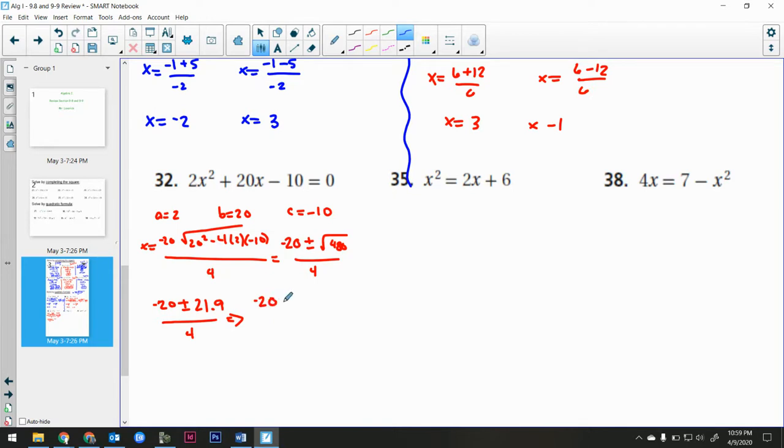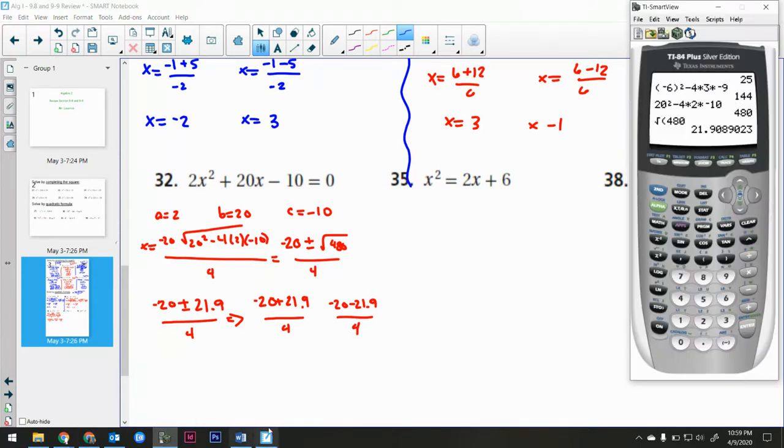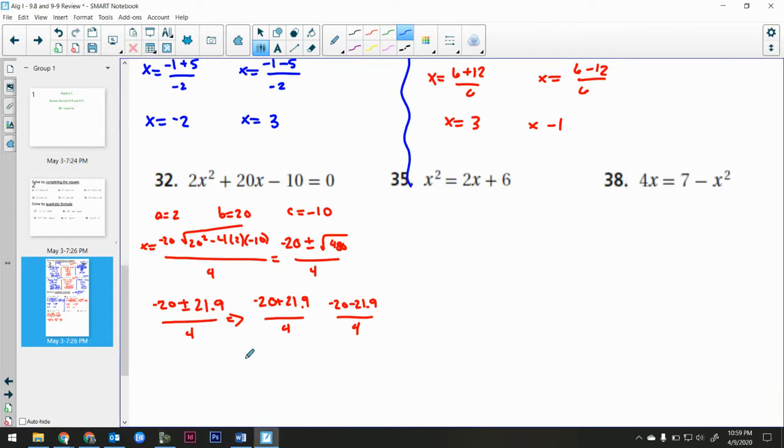Negative 20 plus 21.9 over 4, and then negative 20 minus 21.9 over 4. Okay, so let's see what those come out to be. Negative 20 plus 21.9, that's just 1.9, divided by 4 gives me 0.475.